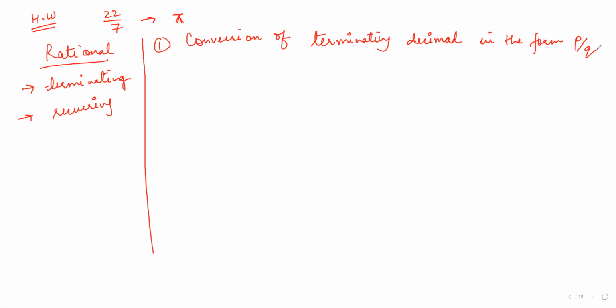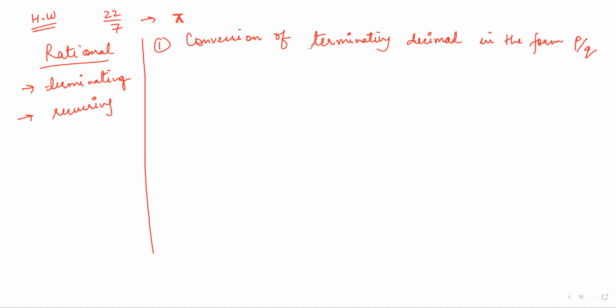Understood? Please write this: conversion of terminating decimal in the form P by Q.